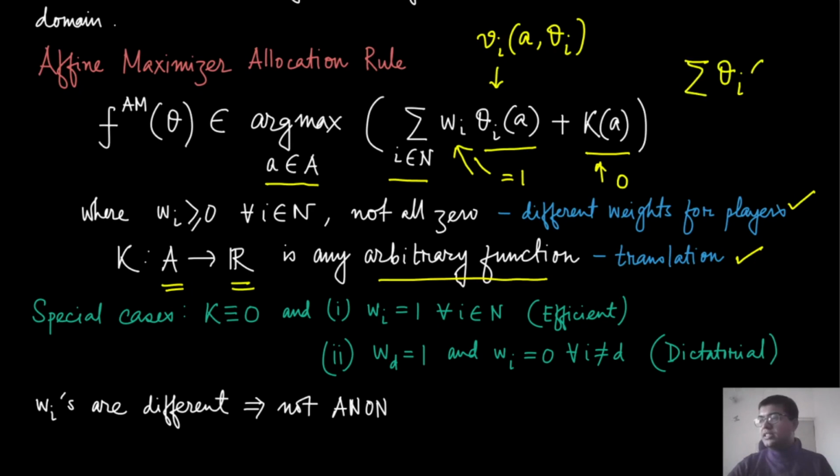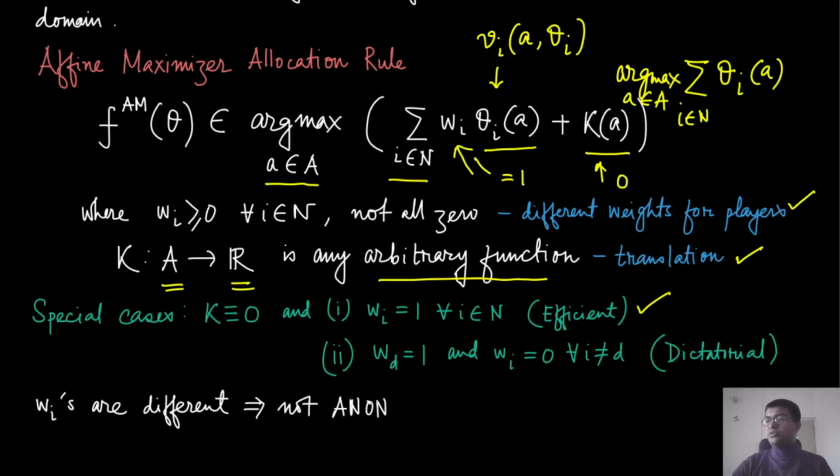Remember that we had the summation over theta_i's, and if you pick the argmax with respect to A in the allocation space, that is essentially the efficient rule, which is implemented by the VCG mechanism and the Groves class of mechanisms. So this is one special case of the Affine Maximizer rule.